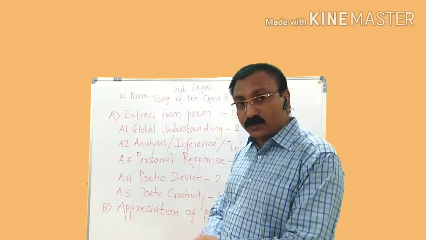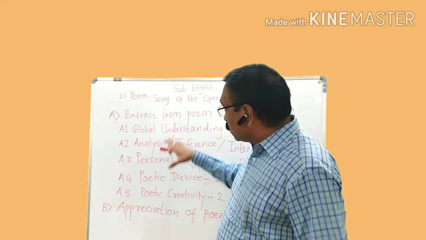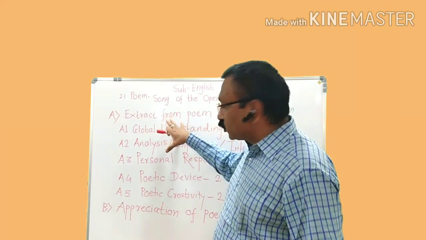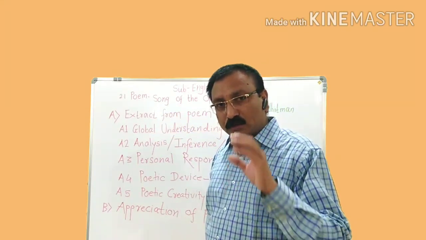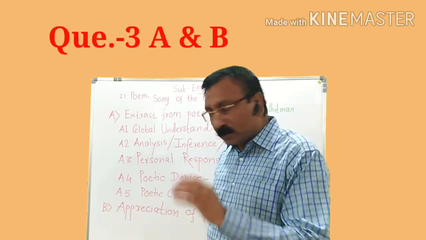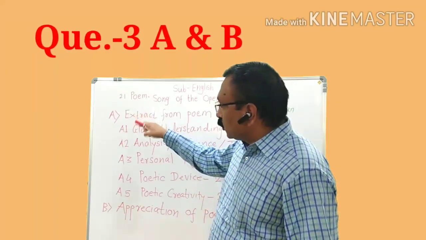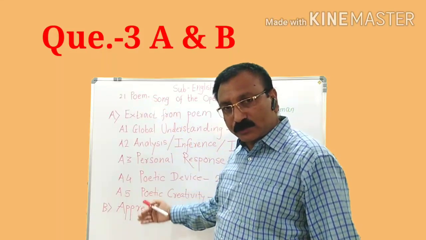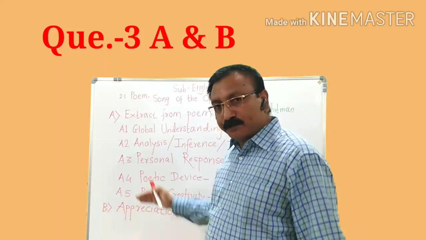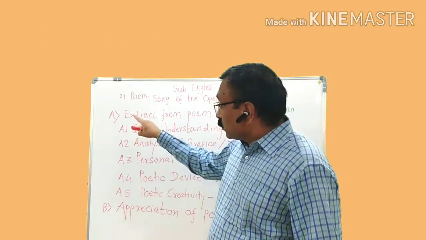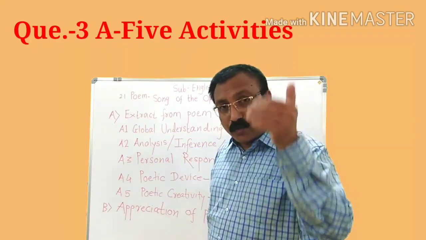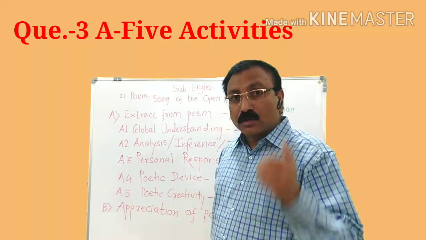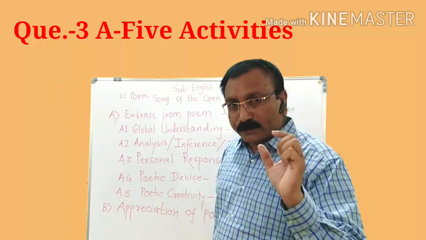The question number based on poetry will be number 3. In question number 3, you will have 2 sub questions, A and B. In A, you will have 5 activities below the extract of the poem.